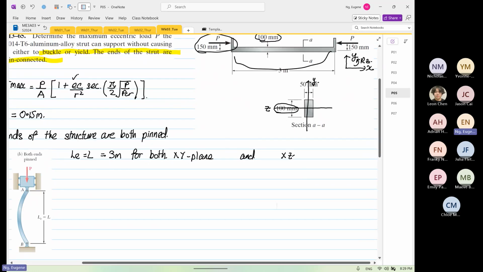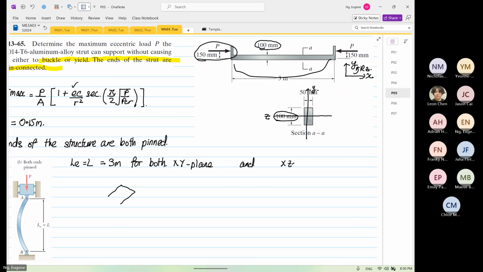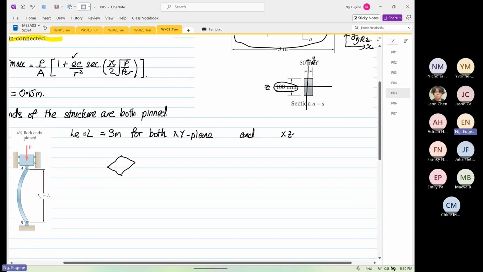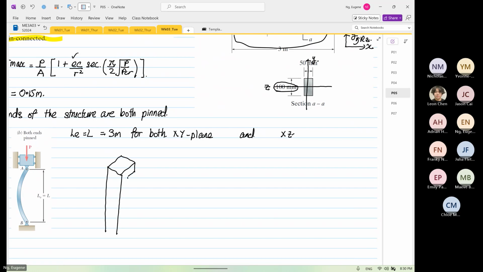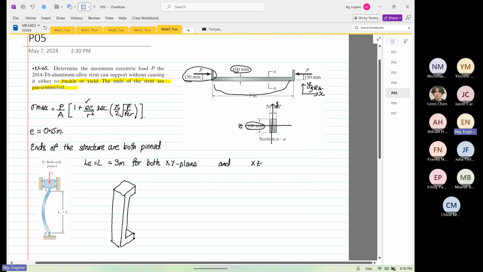Okay, so if we have a structure like this, and then we have our loads applied here.